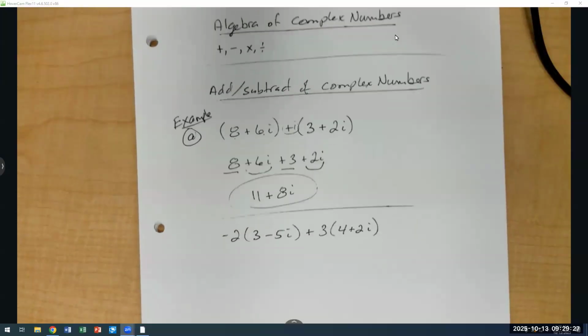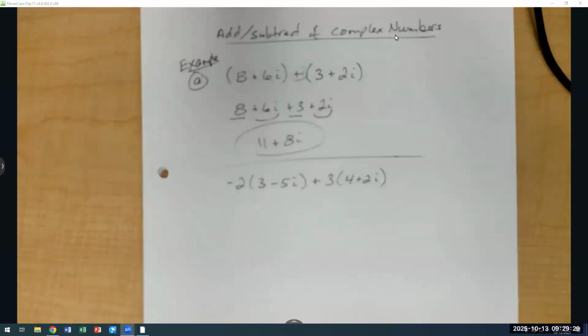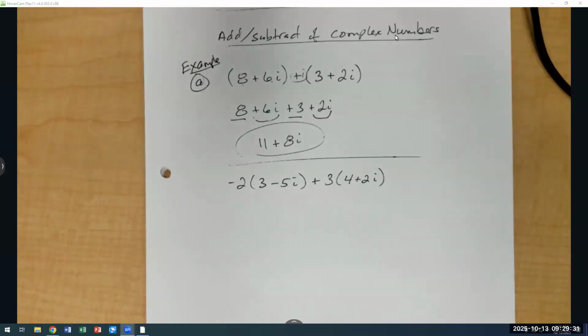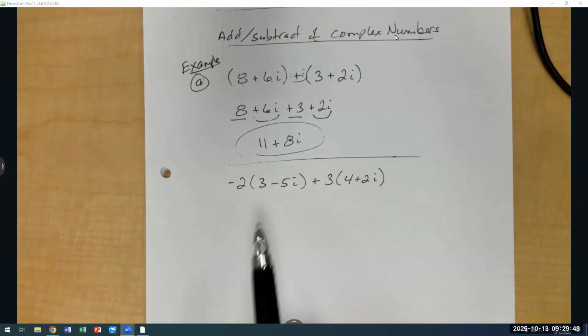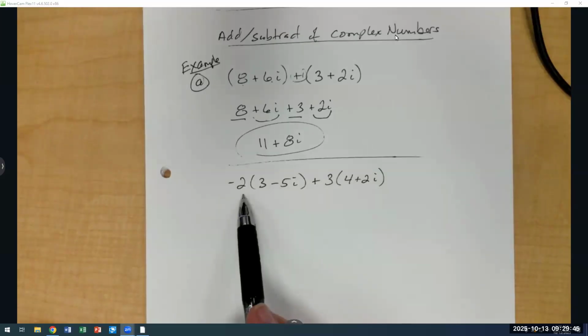How about this one? Well, we can't do anything inside the parentheses. Check. So can we just drop the parentheses? No, it's got a coefficient. So what do we do with the coefficient? Distribute, yes.